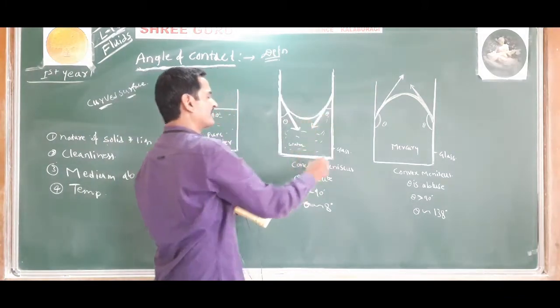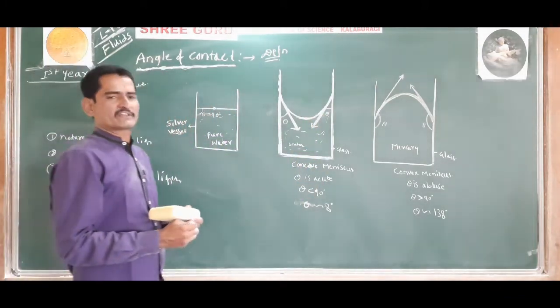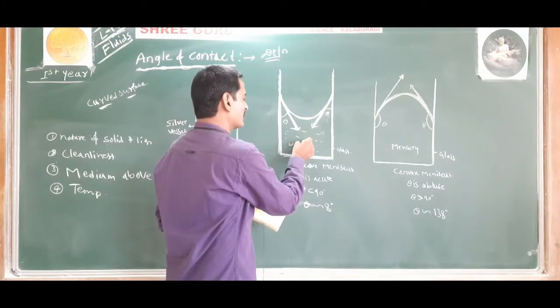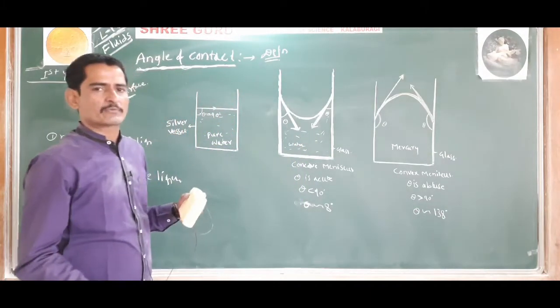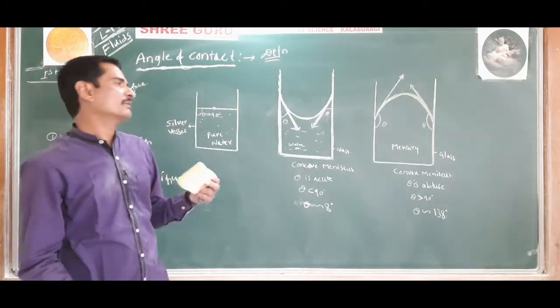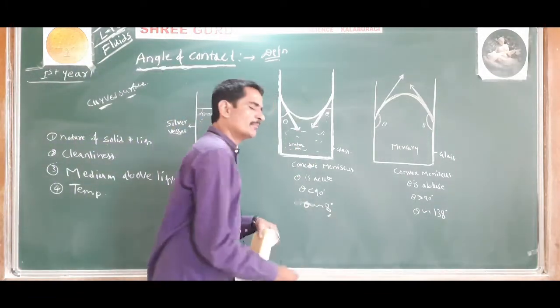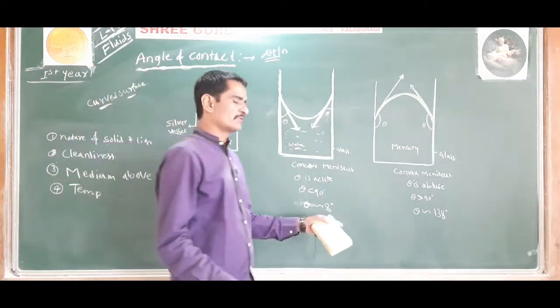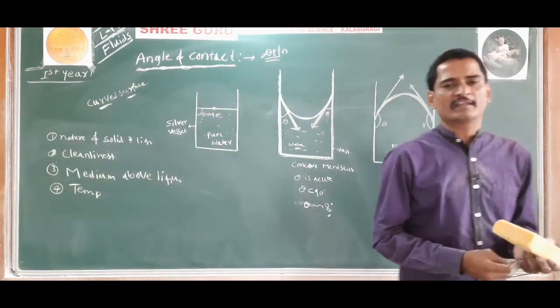The free surface of the liquid has a concave meniscus, and the water wets the glass surface. Generally the angle of contact between water and glass is about 8 degrees.